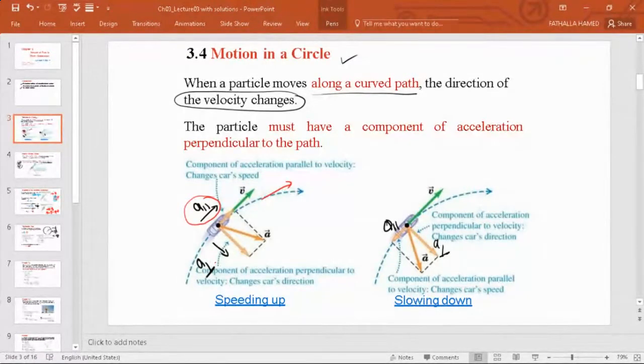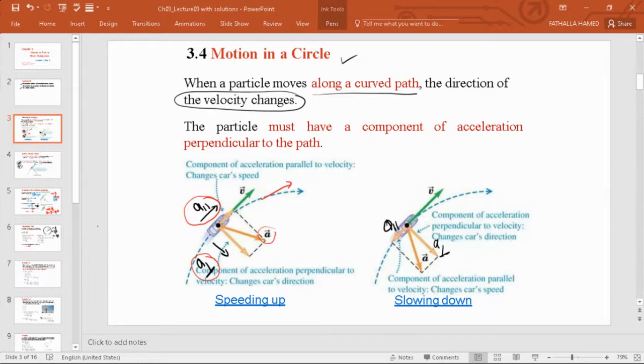And we talked about the perpendicular component of the acceleration. We said this will be pointing toward the center of the curvature, and this is responsible for changing your direction. And of course, this will be your net acceleration here.